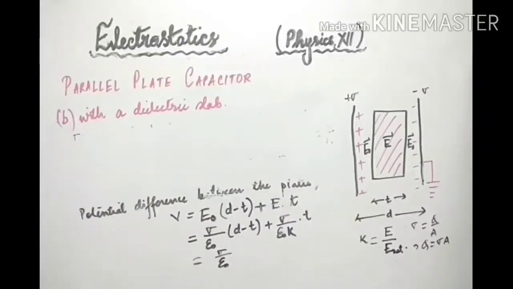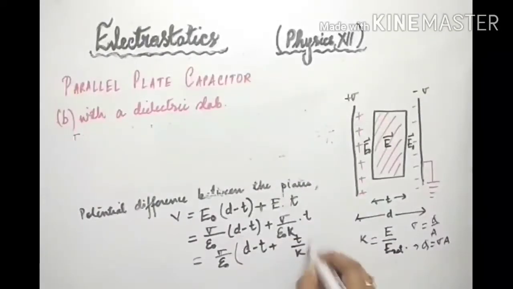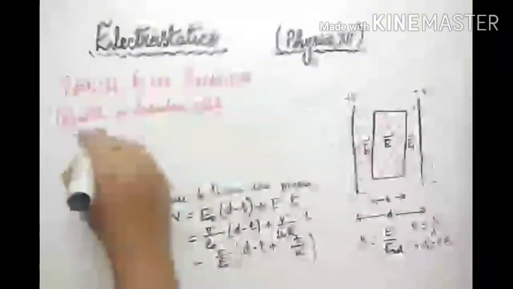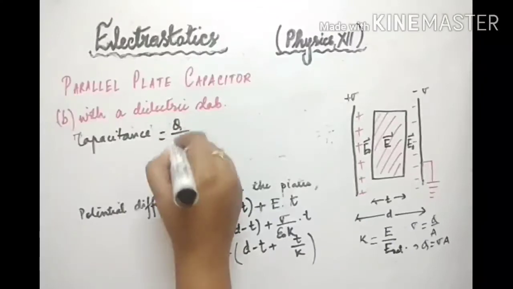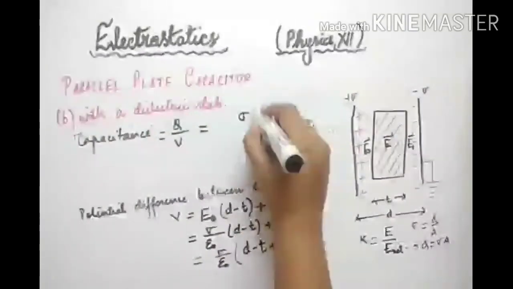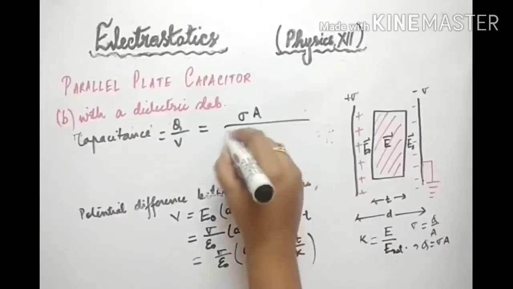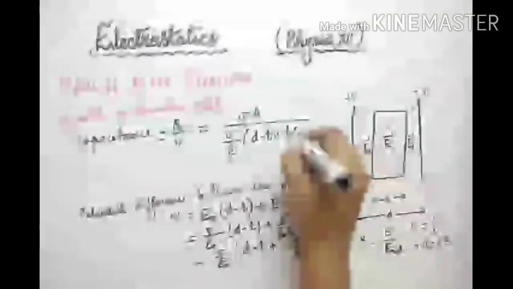Let us take this common, so we are left with plus T by K. Now the capacitance of the capacitor is Q by V. Q we can write as sigma A, and V we can write as sigma by epsilon naught into D minus T plus T by K.